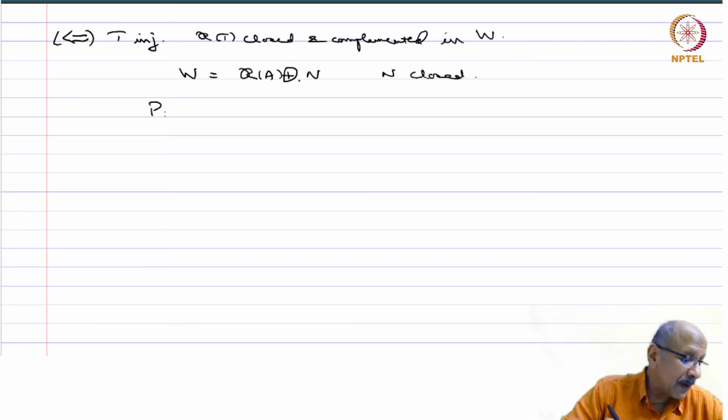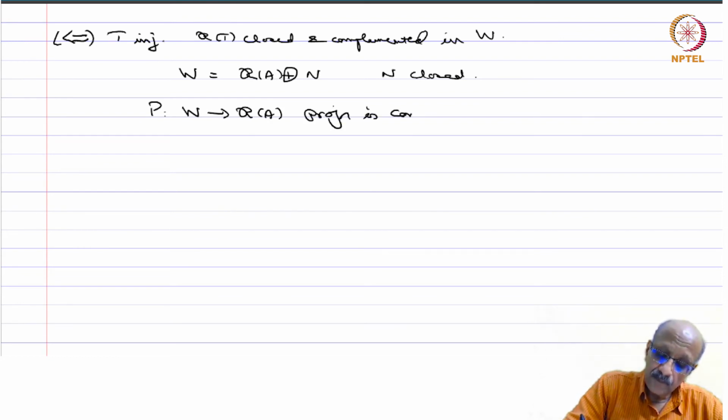Then by the open mapping theorem, we have that the projection from W to the range of T is continuous. This is a consequence of the open mapping theorem. We have already seen this.